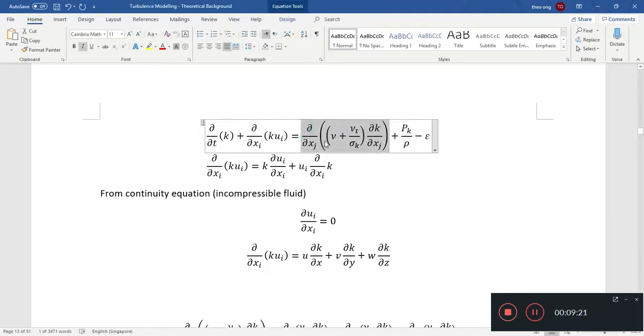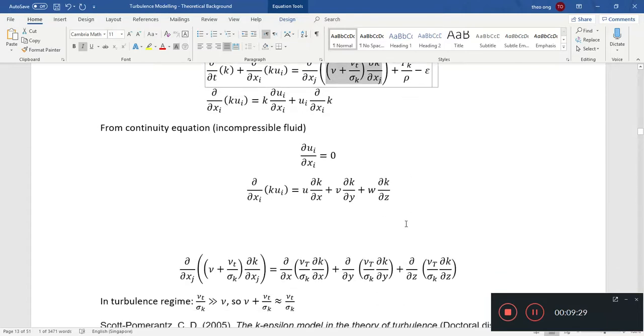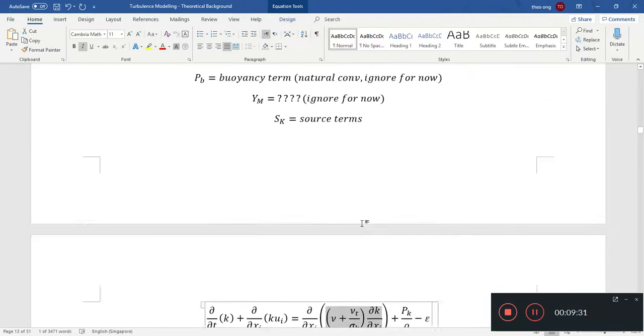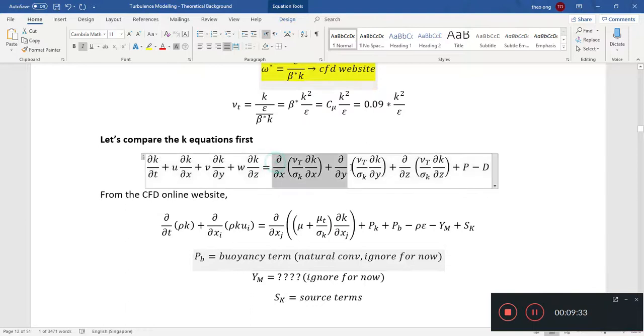The next term we kind of have to clean up is this term. So you see this one. This is the diffusion term of turbulent kinetic energy. However, if you see this equation form, you only see the turbulent kinetic energy turbulence diffusion term here, or this turbulent viscosity term here, divided by sigma k. Then you have the x, y, and z.